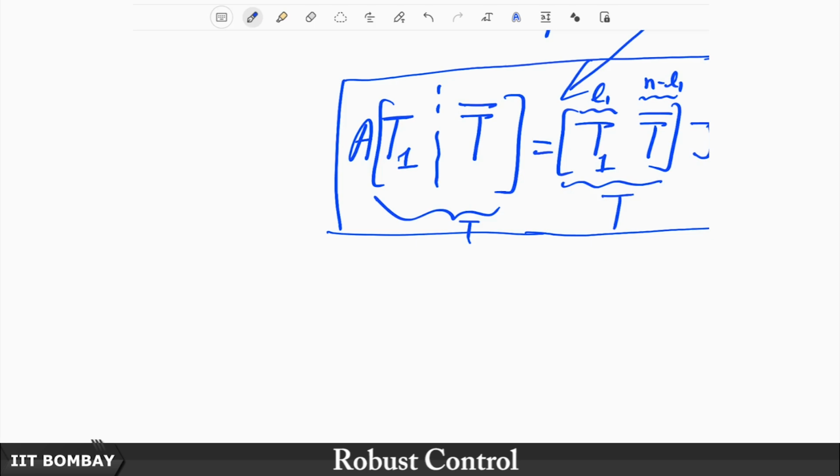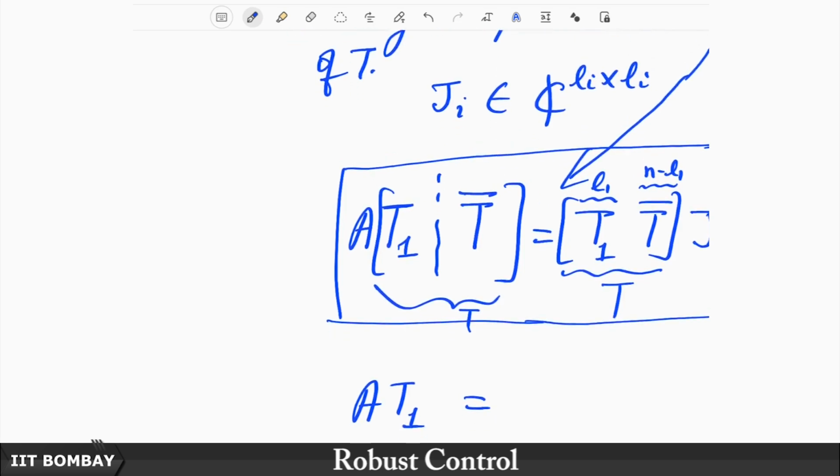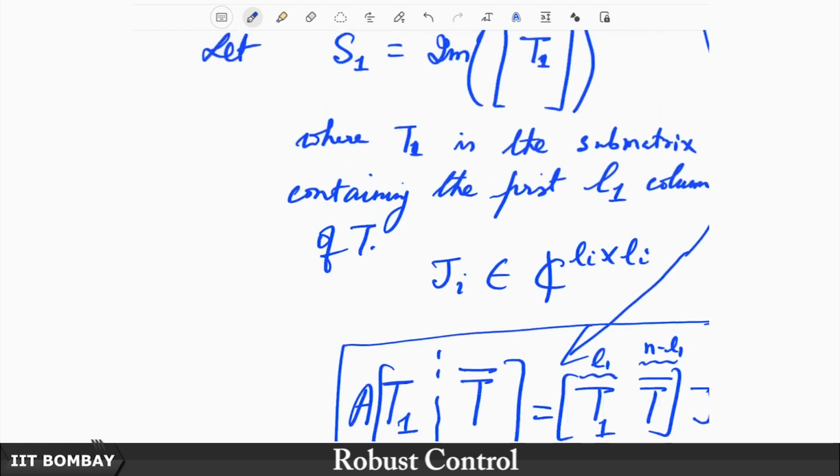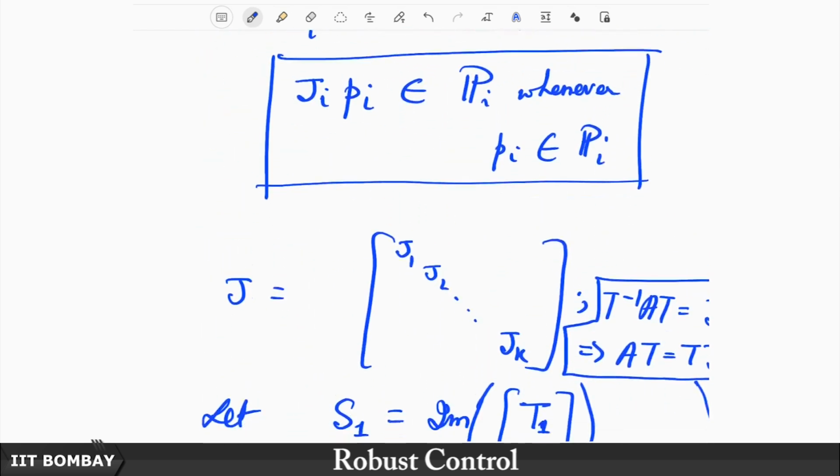So let me focus on the first L1 columns on the left. The first L1 columns on the left give me A T1, right. What about the first L1 columns on the right? And this is something fascinating. If you think about it for a moment, you see the structure of this J here plays a huge role in this.